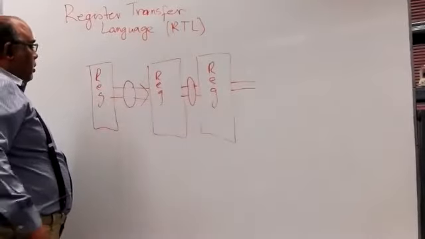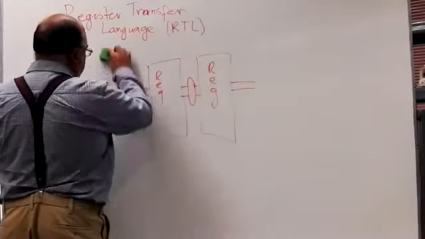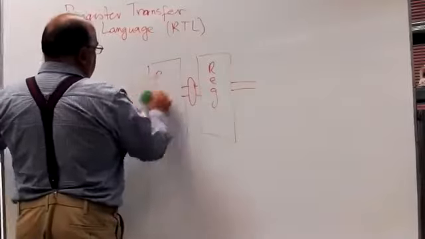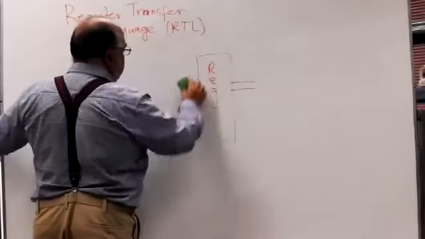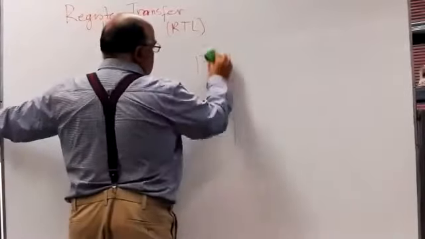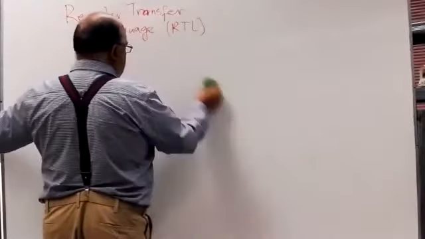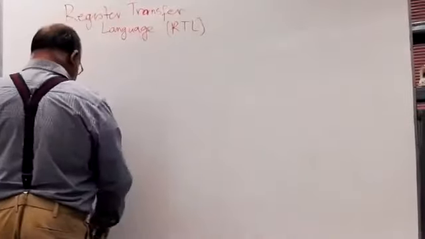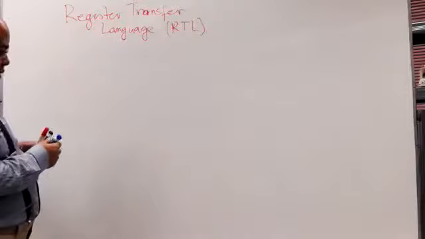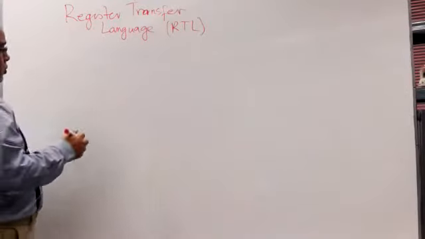So they are called user invisible registers. So let's see another example here. What happens in between these registers is defined by this register transfer language. So take an example of this circuit that we have already studied a long time ago.